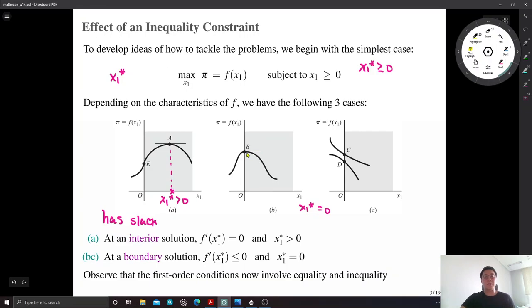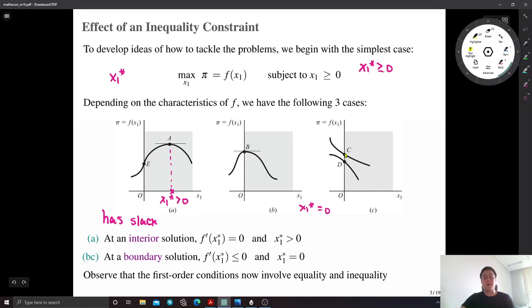But we should take this as a coincidence. In most cases, the derivative will be negative like this. Okay? So if the function is maximized in this first quadrant where x1 is non-negative, then the slope of the tangent line at this maximum point should be negative.